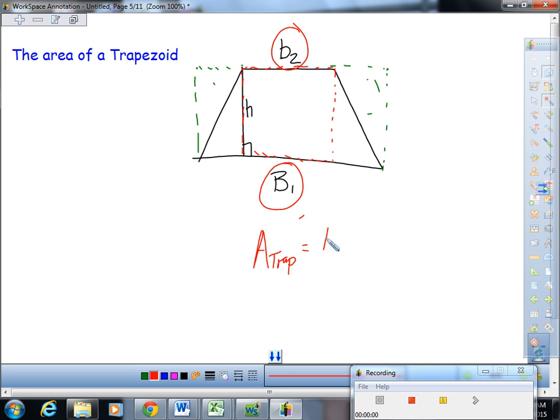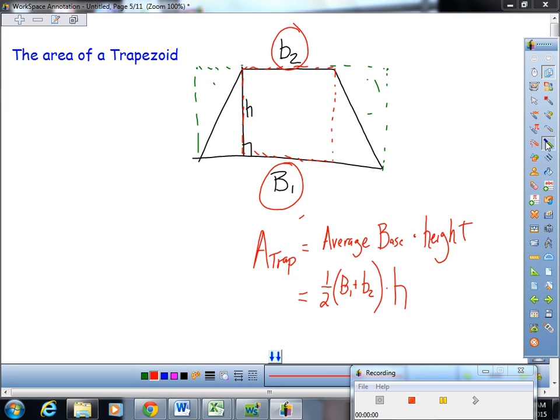You could write it like this: average base times height, or you could write it as 1/2 times B1 plus B2 times 8, keeping in mind that this thing right here is just the average.